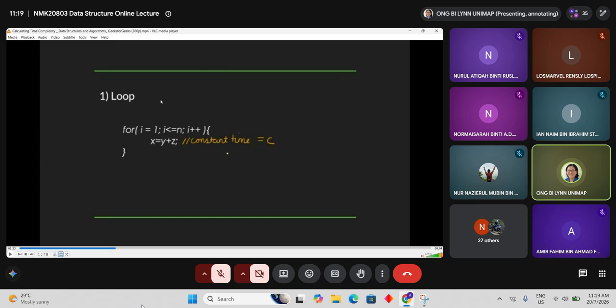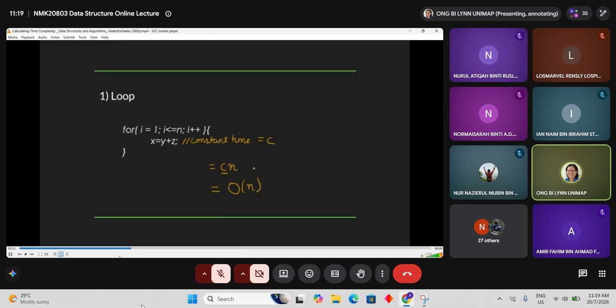Alright. So in this case, when you have one loop, your big O notation will be big O of n. The time complexity will come out to be C times n. And in big O terms, we can neglect this constant and simply write the time complexity as big O of n.